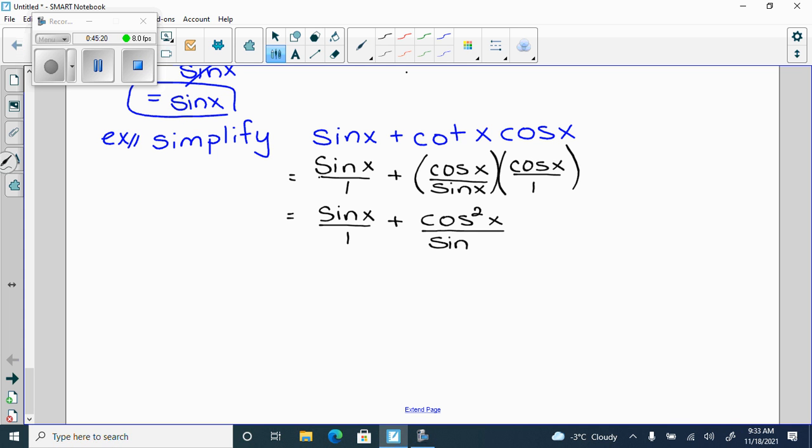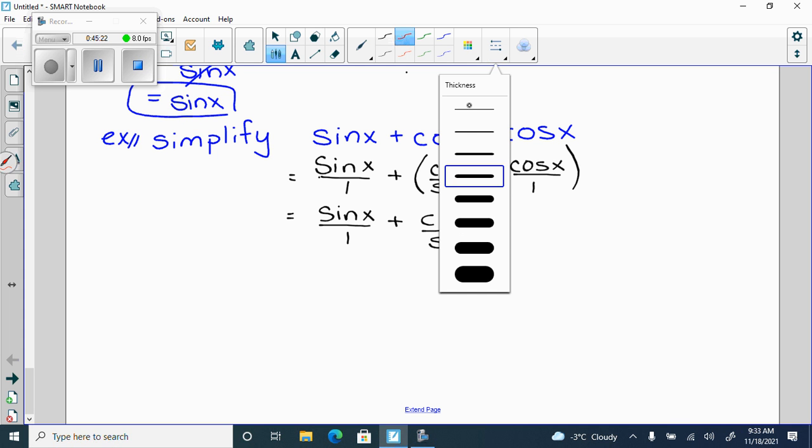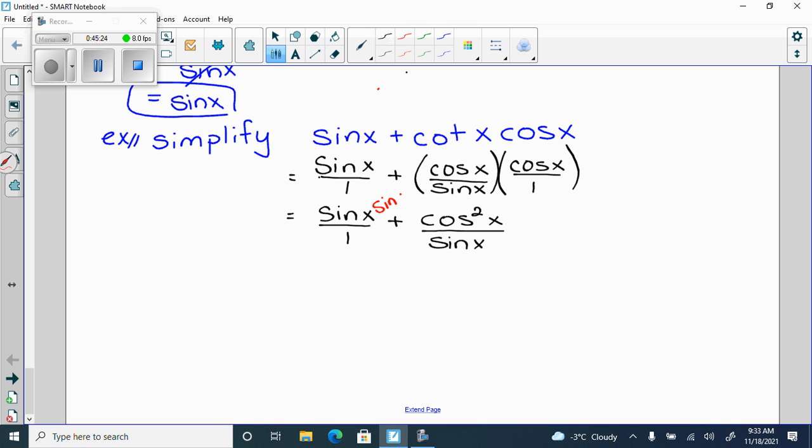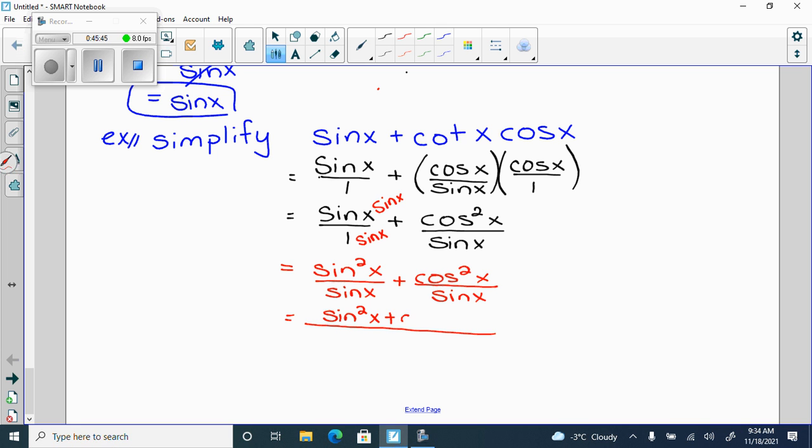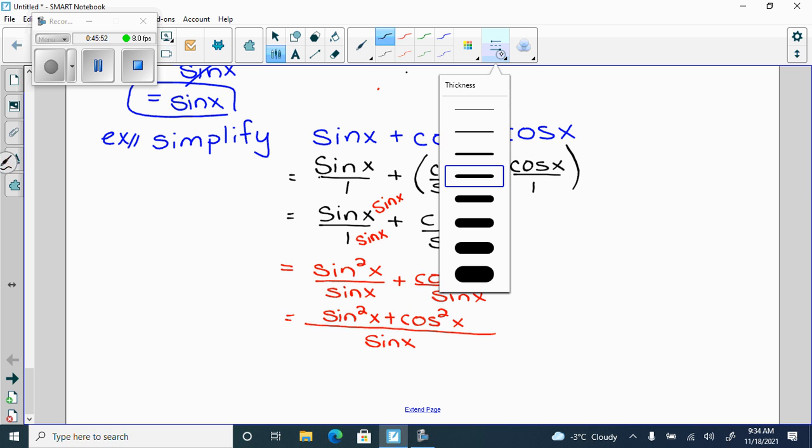They don't have a common denominator this time. So I'm going to multiply by sine x. And so I'm going to get sine squared x over sine x plus cos squared x over sine x, which equals sine squared x plus cos squared x over sine x. And what is sine squared x plus cos squared x? It's a 1. Really large 1.